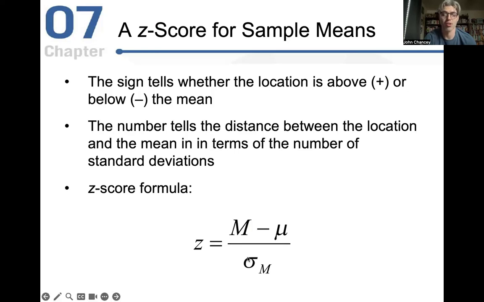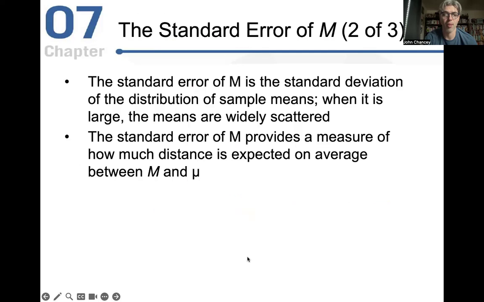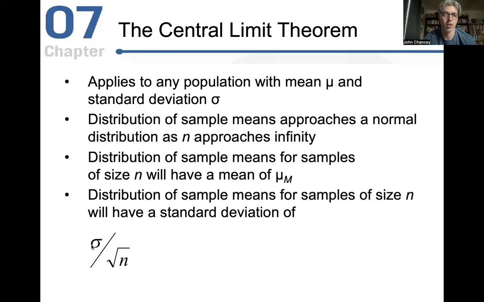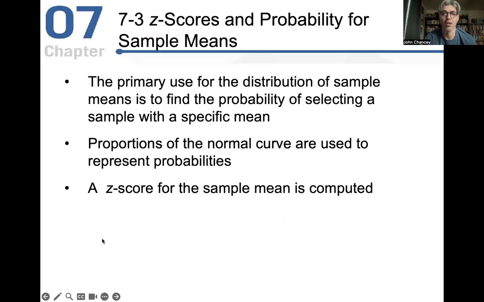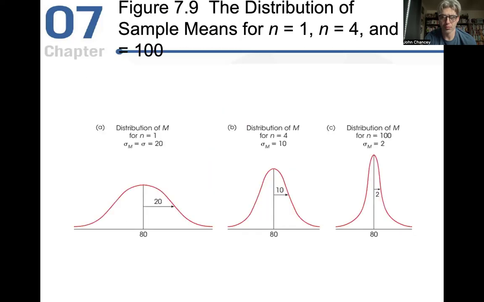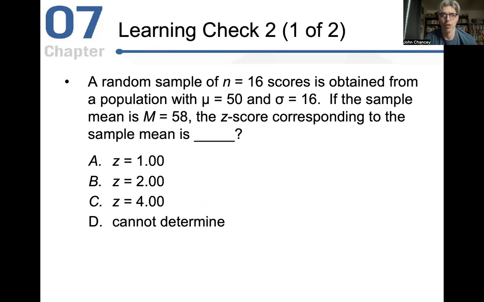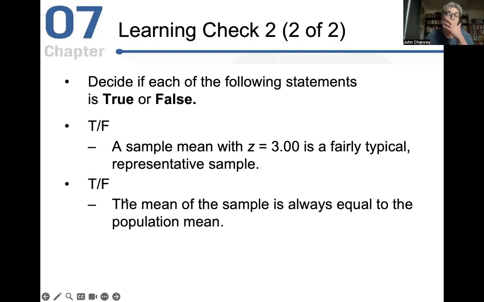Remember, in order to get our standard error of the mean, we have to run this equation: the standard deviation divided by the square root of n. In this case, we have a standard deviation of 16 divided by the square root of 16. So that's 16 divided by 4, which is the denominator. Our numerator is 8, and 8 divided by 4 gives us 2. So hopefully that worked out for you.